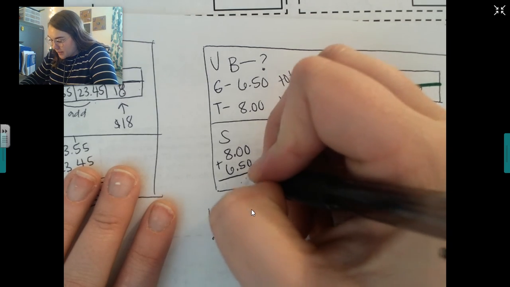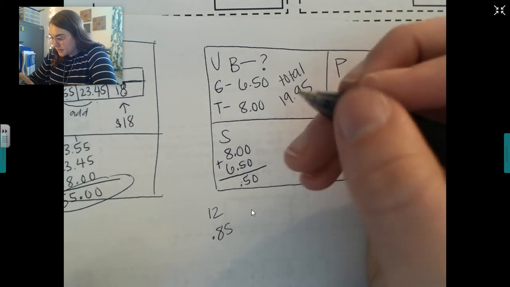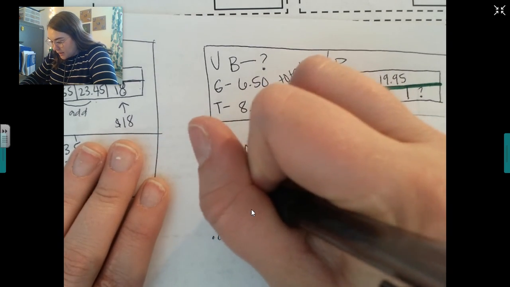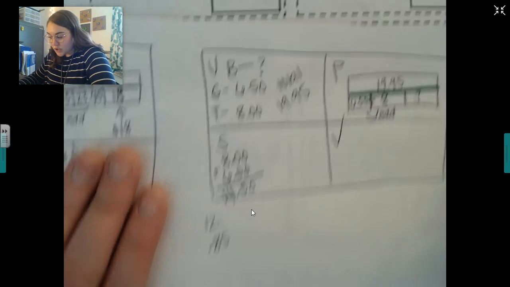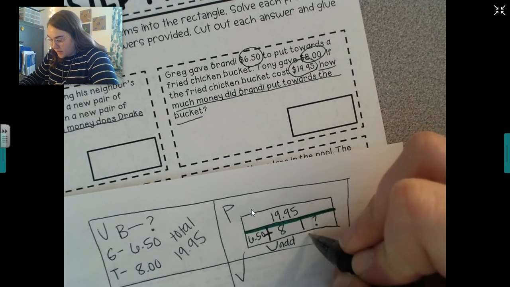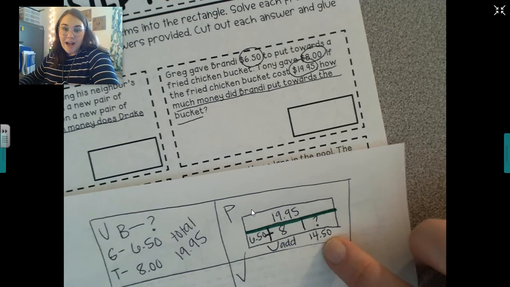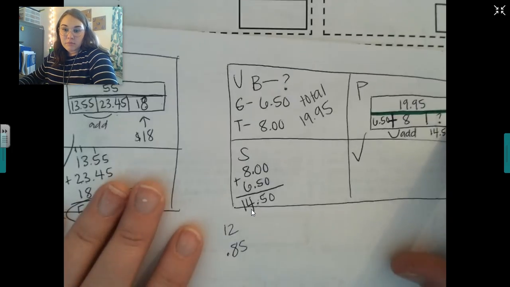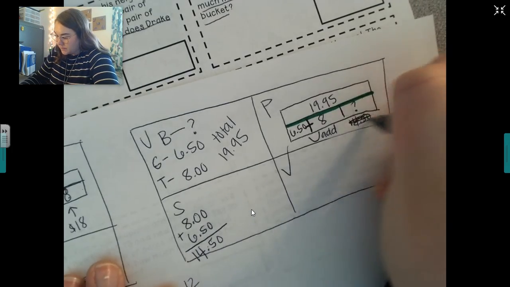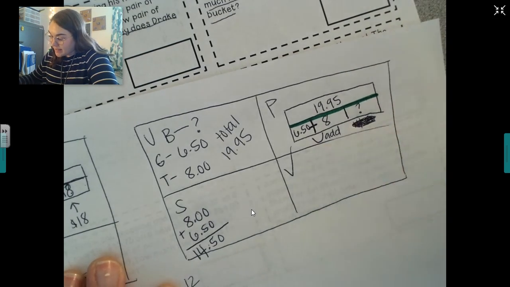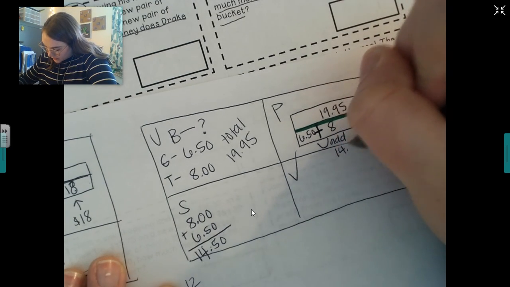So when I line it up and I add it up, 8, 9, 10, 11, 12, 13, 14, I got $14.50. So I know that this square that I'm missing is $14.50. So in order to find how much Brandy, oh wait, that's not right. Sorry, when I add these up, I get $14.50.